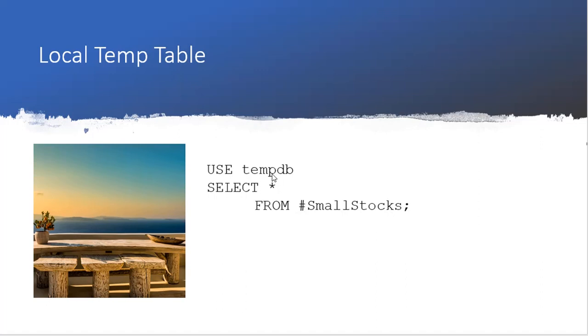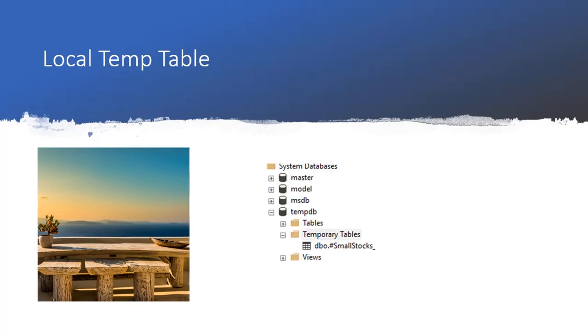So we use tempdb, that's where the local temp tables are stored, and we can select star then from hashtag small stocks. If you right click on tempdb and you go to temporary tables, you can then see this is my local temp table.